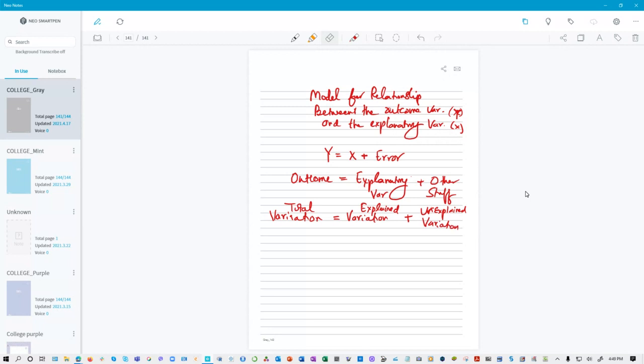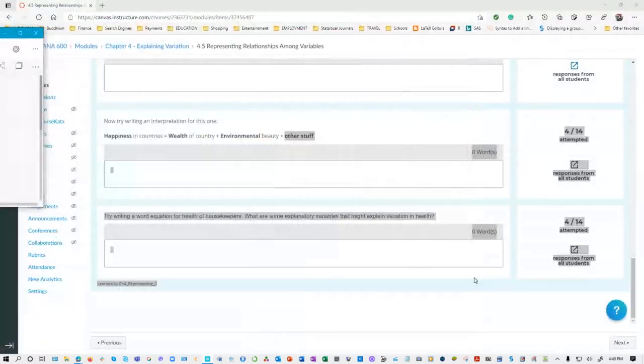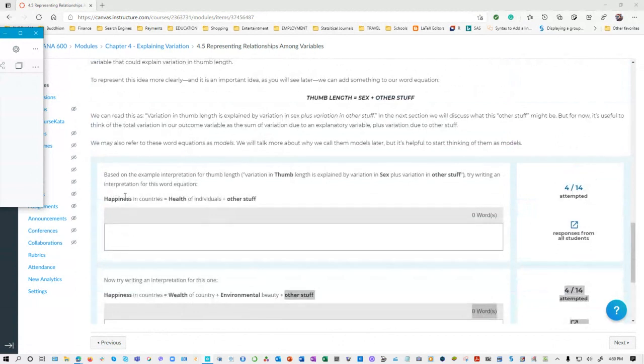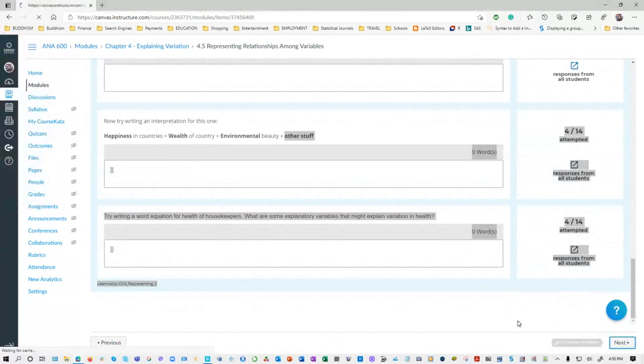Let's say, for instance, if you're talking about the happiness in countries, the total variation in the happiness in a country is due to the explained variation in the health. Plus, there are some more things that when you measure this one, those are called unexplained ones. Those are the ones that we're going to learn on this side.